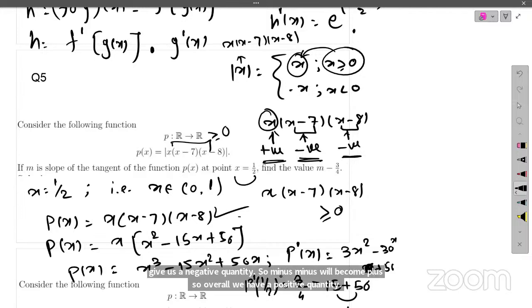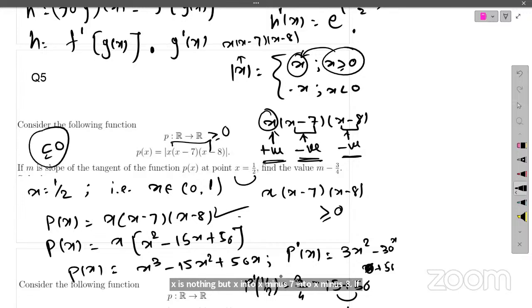So that's why around this point, the expression of p of x is nothing but x into x minus 7 into x minus 8. If in place of positive we got negative, that is, if you have some point where we get a negative value, then you have to take minus here. Because of the modulus function, we know that if x is less than 0, minus x will be there.